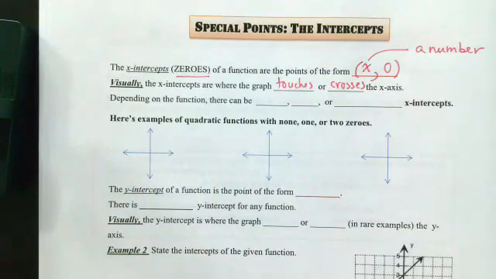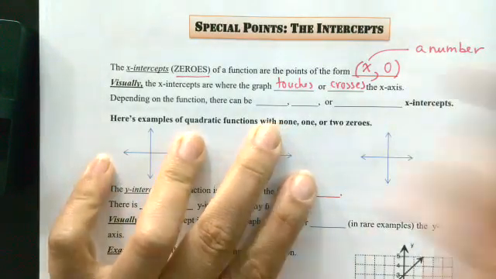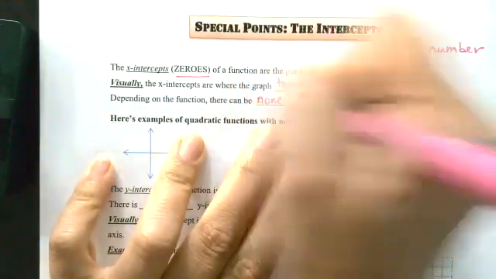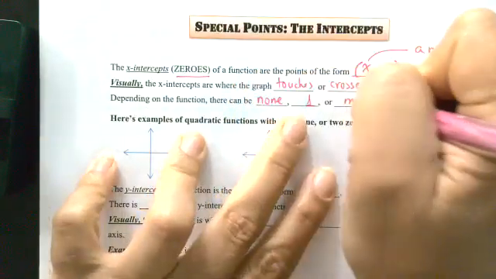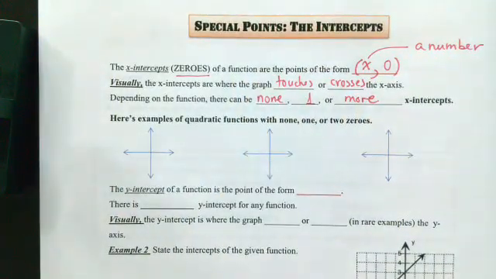Depending on the function, there can be none, one, or more x-intercepts. So for example, I'm going to use the quadratic function to show you an example where a quadratic function has no x-intercept, one x-intercept, or two x-intercepts.